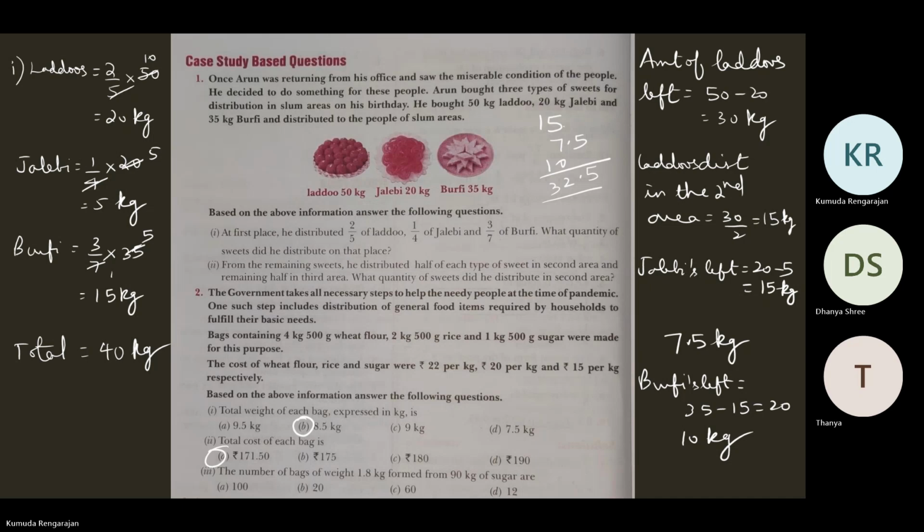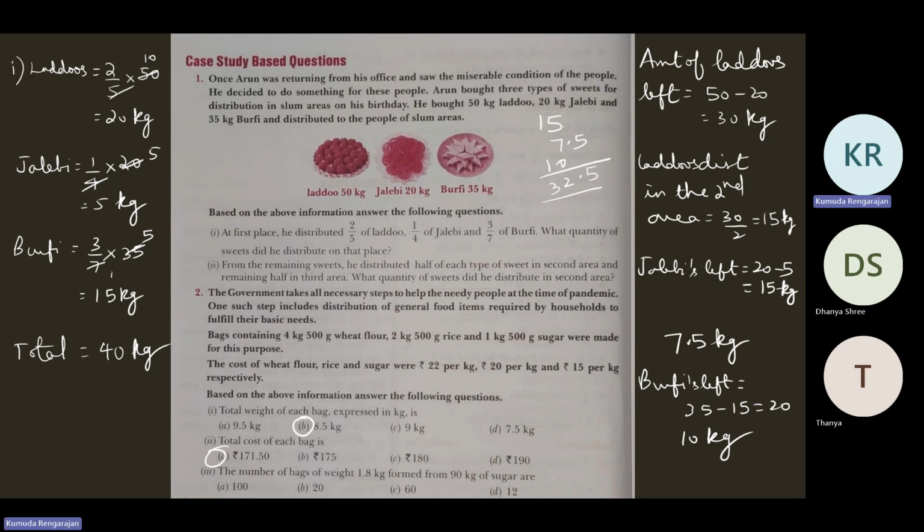Okay. So the number of bags of weight 1.8 kgs formed from 90 kg of sugar are. Okay, see, now we have say 20 kgs of sugar. I am packing it in bags which will weigh 2 kgs.